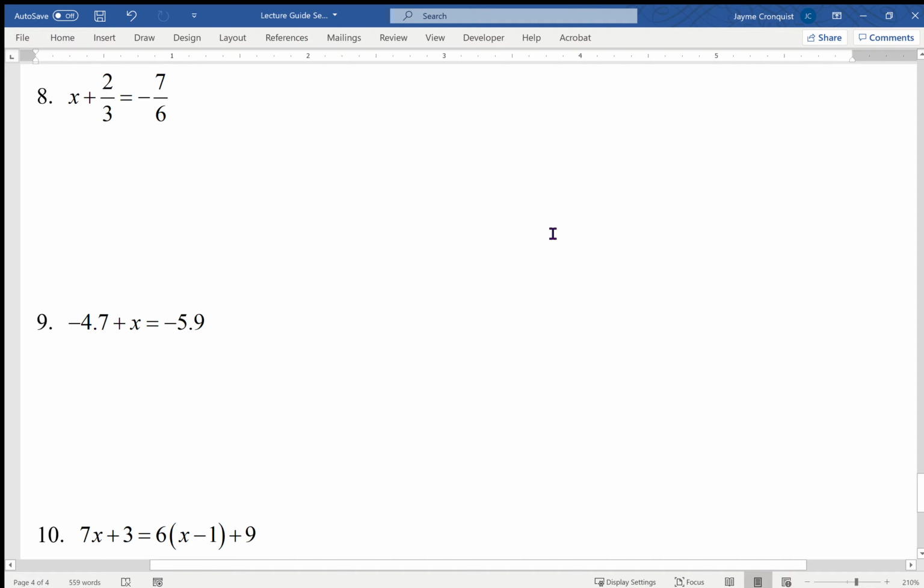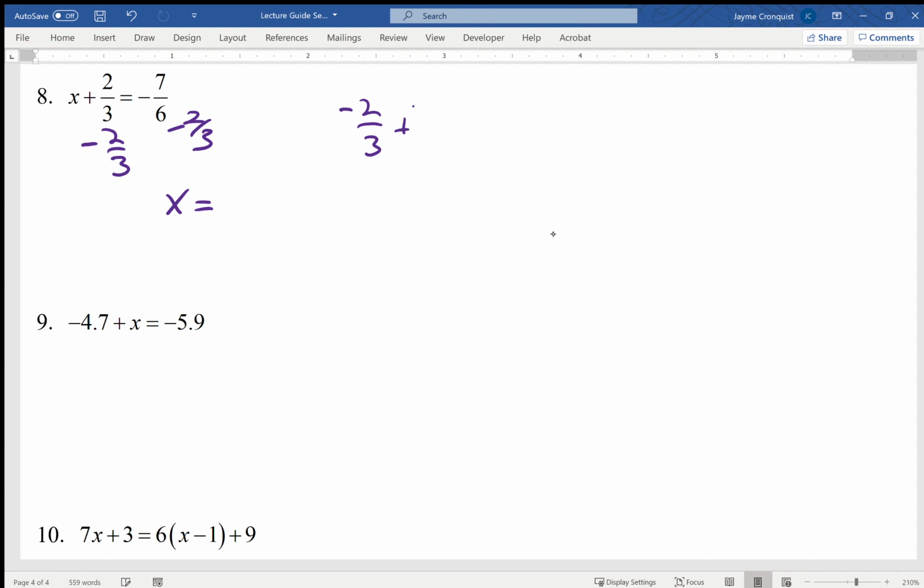Alrighty, here we're moving our fractions again. I'm going to subtract the 2/3. So x equals negative 2/3 plus... no, we don't. I apologize. Sure, okay. A negative 7/6, that works. Well, this would be a 6 if I multiplied it by 2.